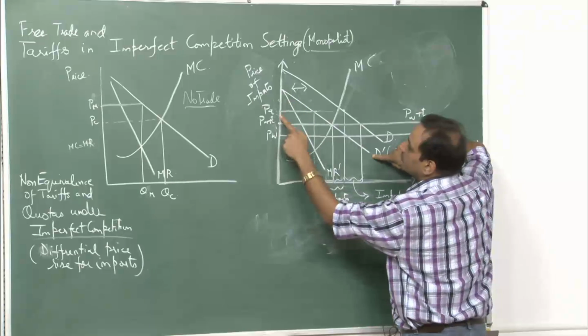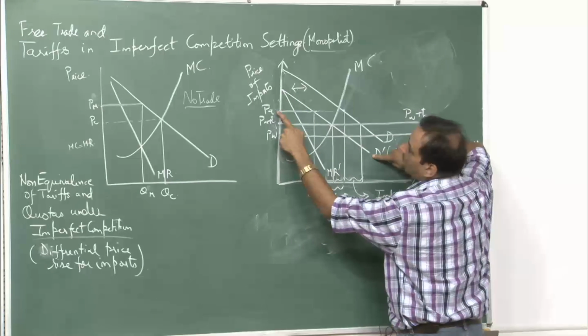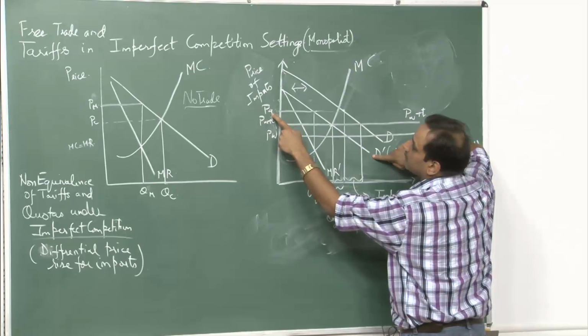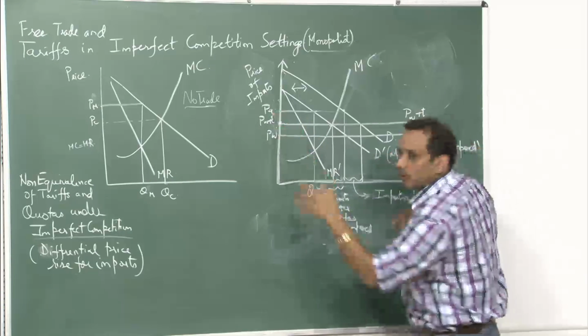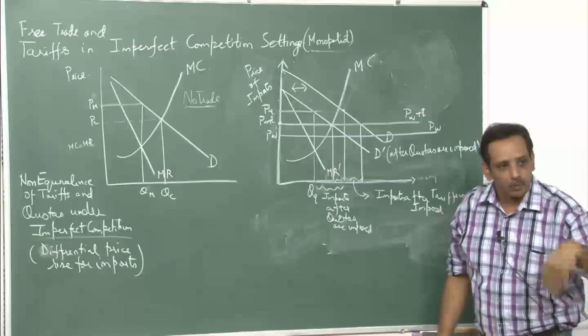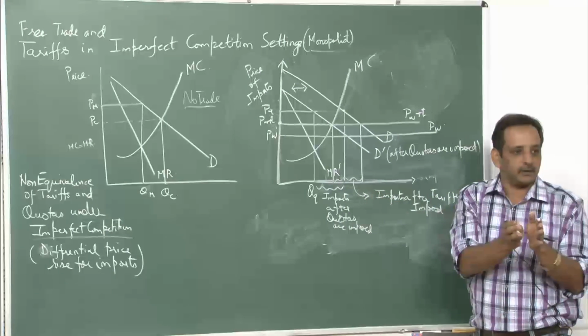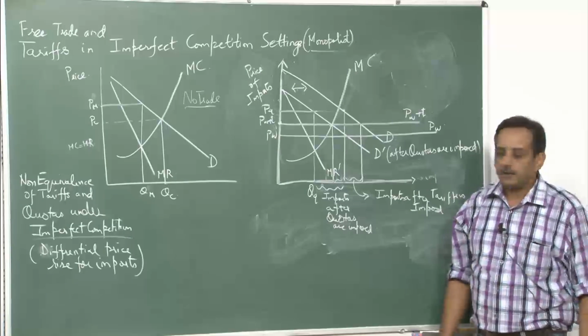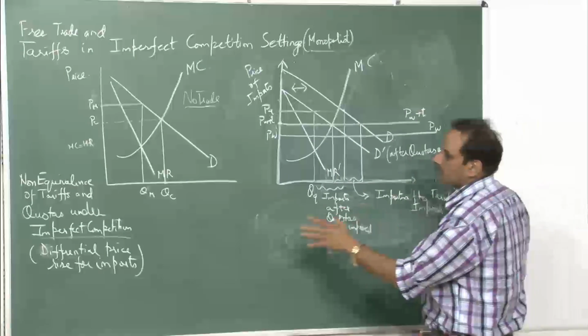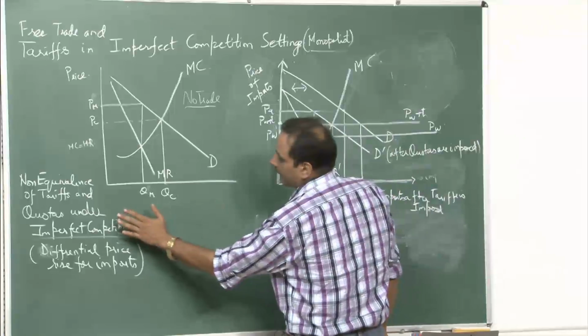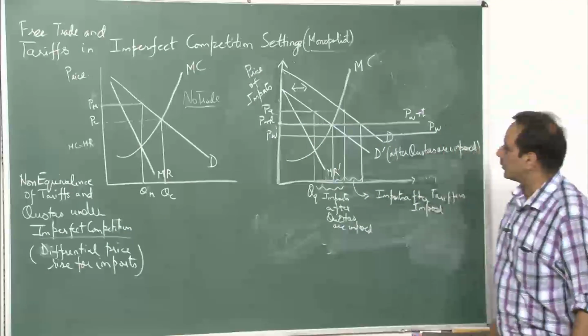Now no consumer can import things at a lower price than this, because quotas have already come in, imports have already been restricted, right. So this shows the non-equivalence of tariffs and quotas under imperfect competition.